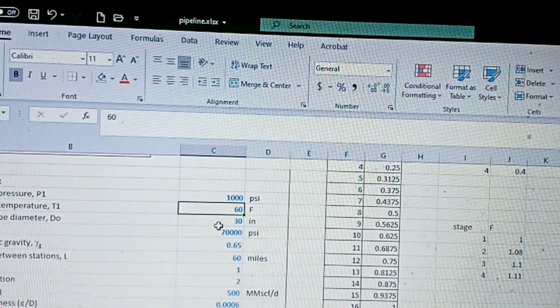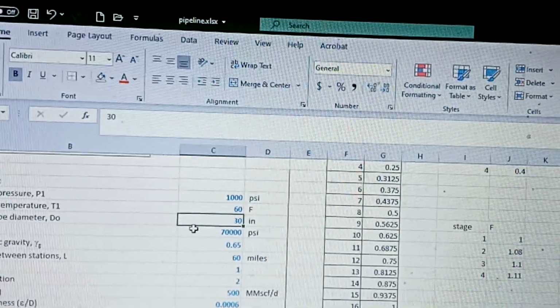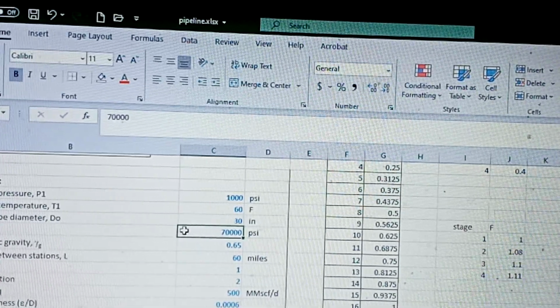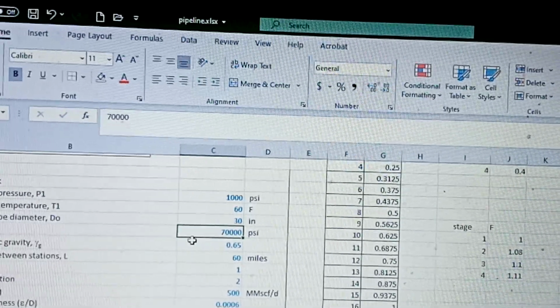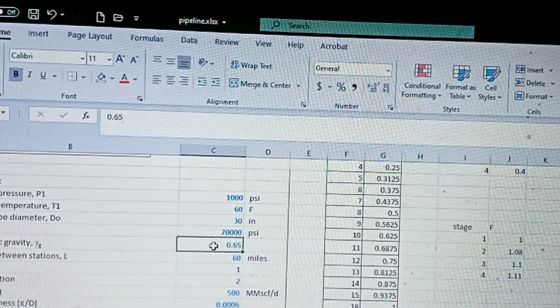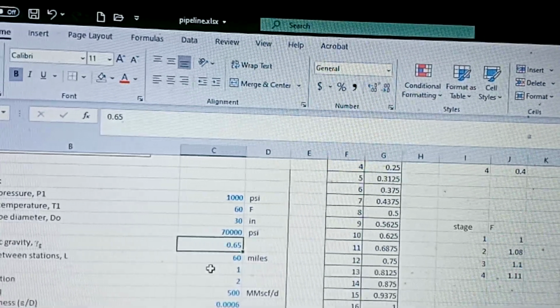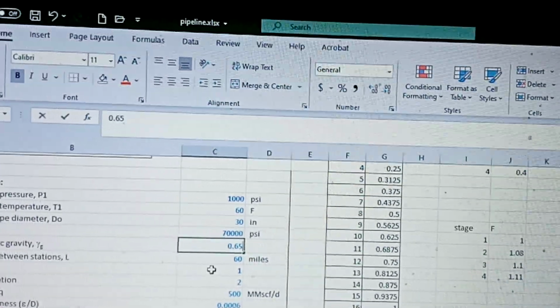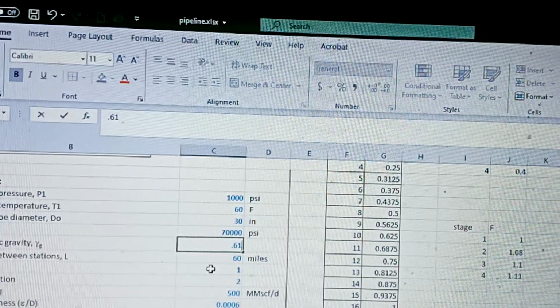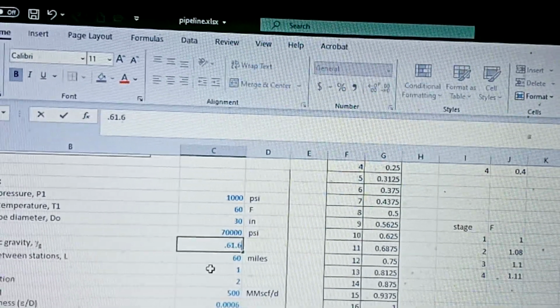I have 30 inches. Minimum yield stress 70,000. Specific gravity is 0.61.